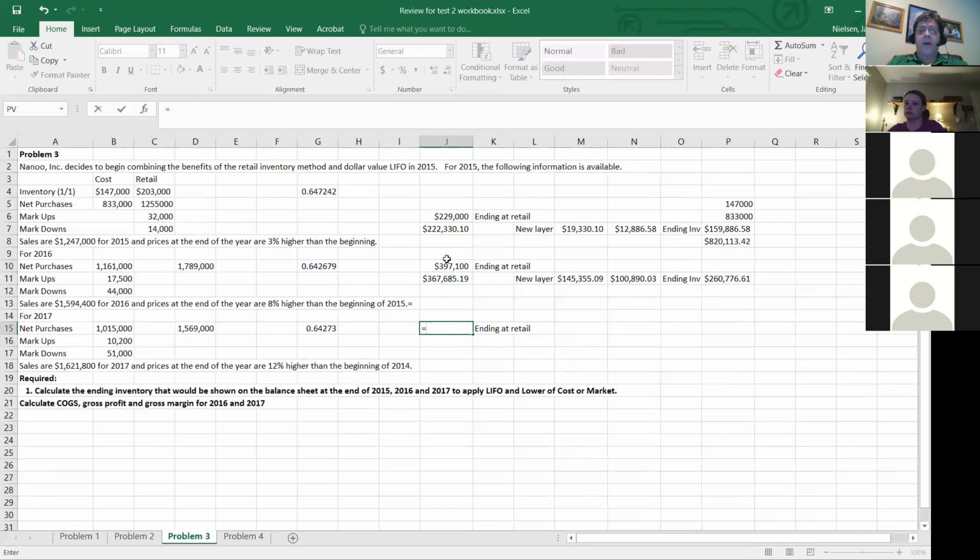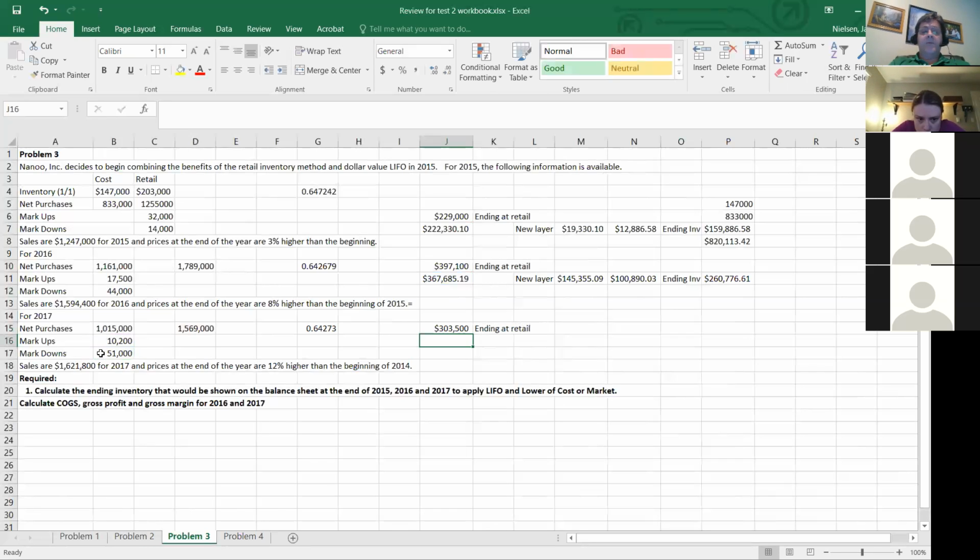So we take our beginning, which was last year's ending, plus our purchases, plus our markups, minus our markdowns, minus our sales of, whoops, I didn't do a minus, I did an underscore, 1,621,800, 303,500.